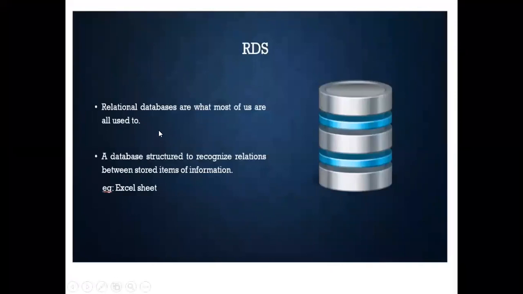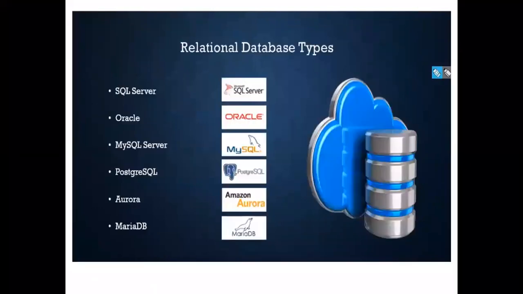When any client needs a database, a relational database is one where the data is stored in the form of tables. Some examples of relational database products are SQL Server, Oracle, MySQL, PostgreSQL, Aurora, MariaDB. There are many more relational databases. Any relational database you can host using RDS.